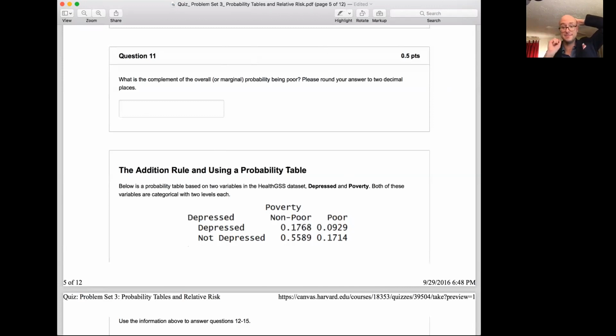It has to be comprehensive and it has to be mutually exclusive. In other words, the sample space, all of these probabilities have to add up to 1, and also one belonging to one subset or one category.